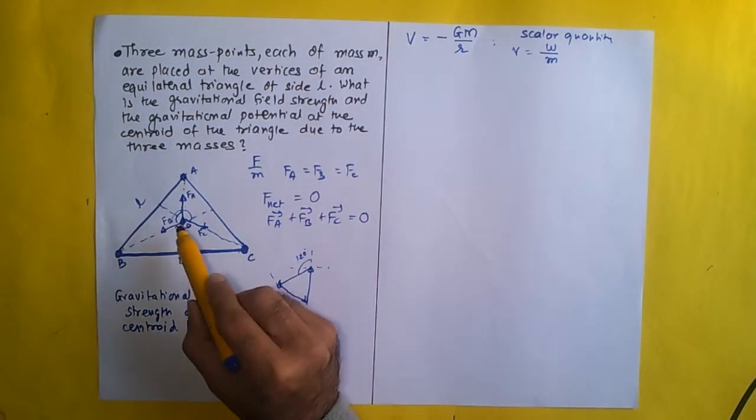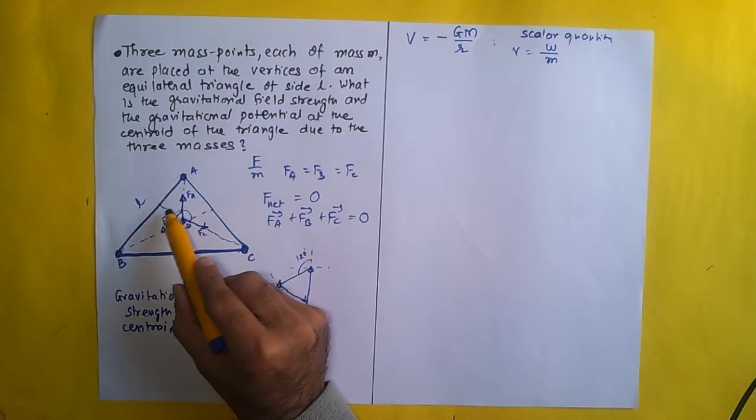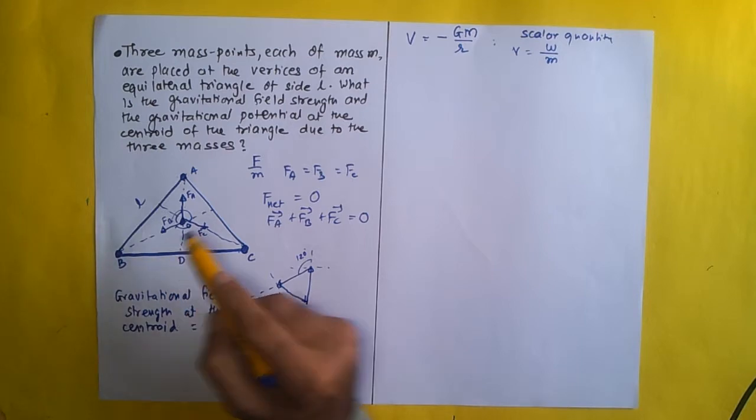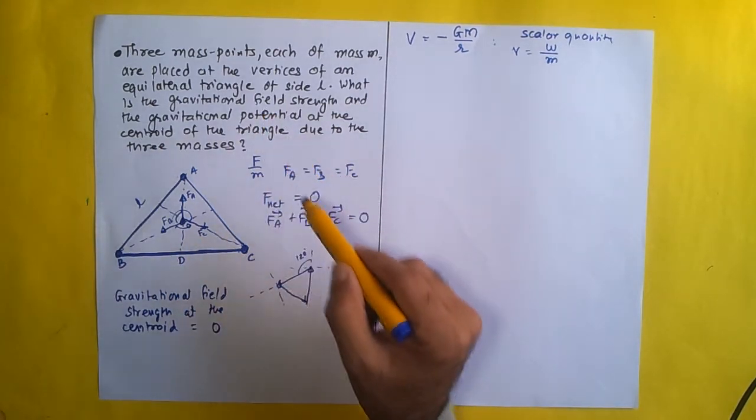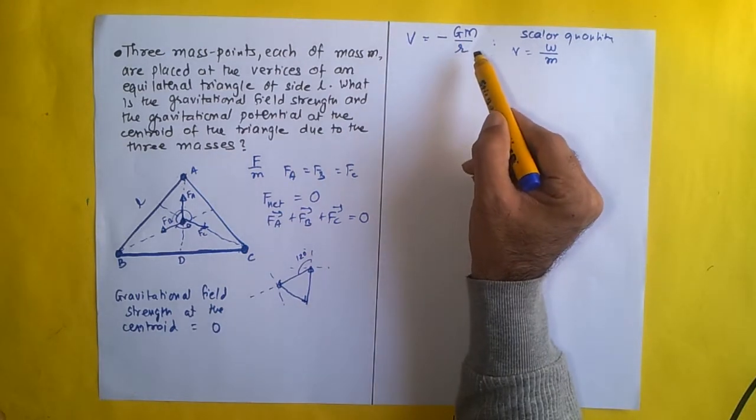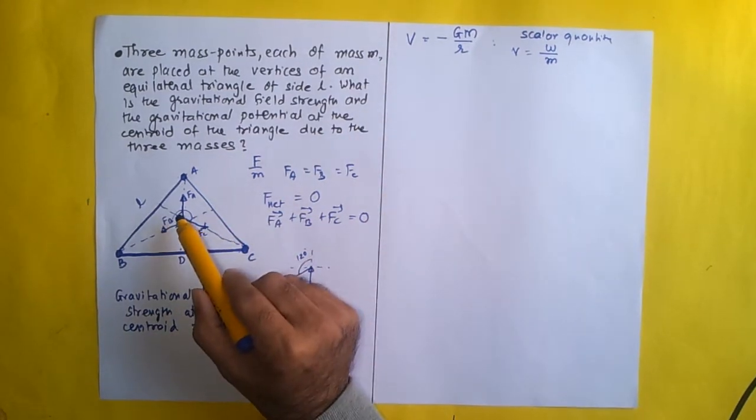Now that would mean that to find the net gravitational potential at this location, I will have to algebraically add all the three gravitational potentials. Here we had done a vector sum because gravitational field strength is a vector quantity. Here, since it is a scalar quantity, I'll do an algebraic sum.